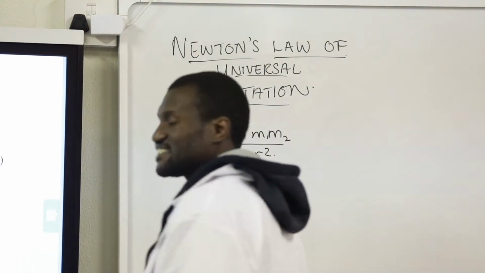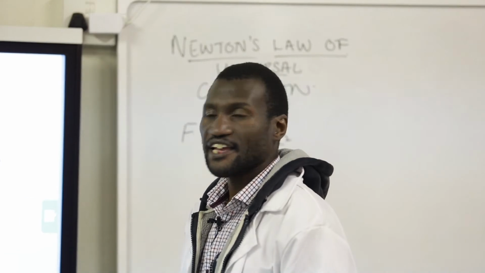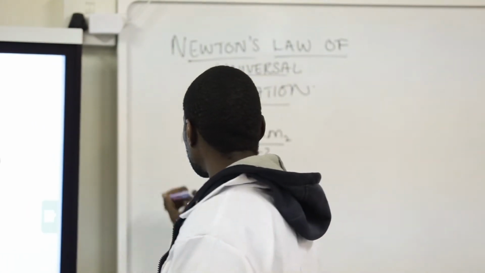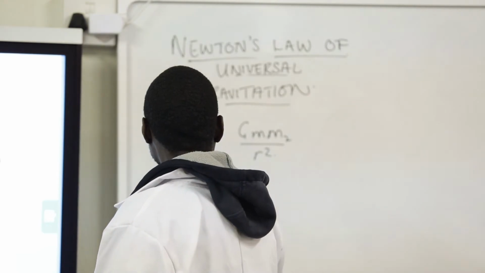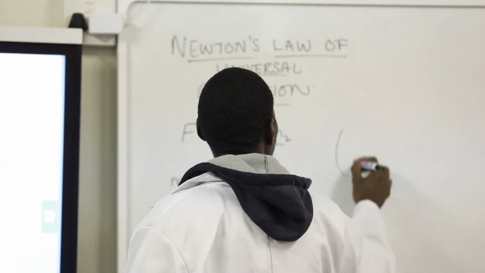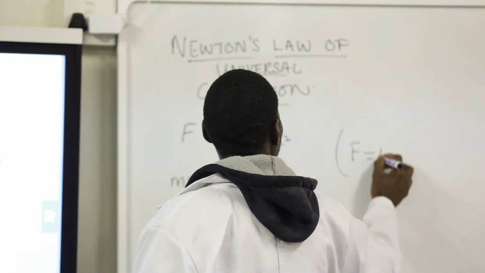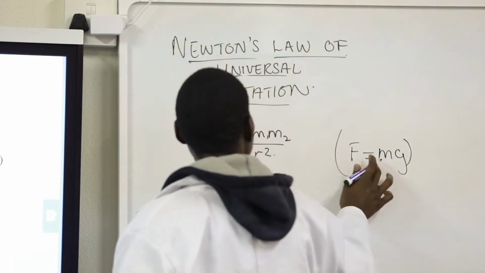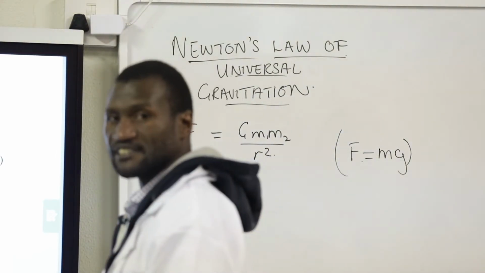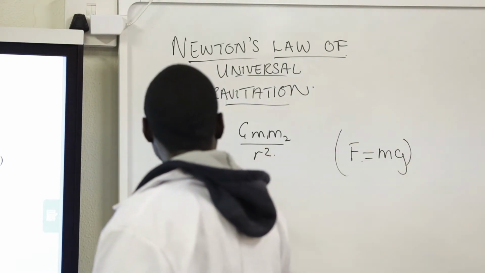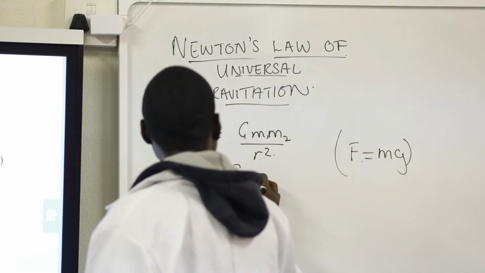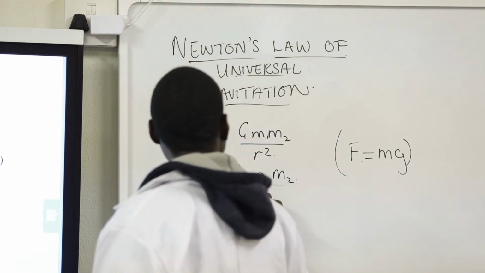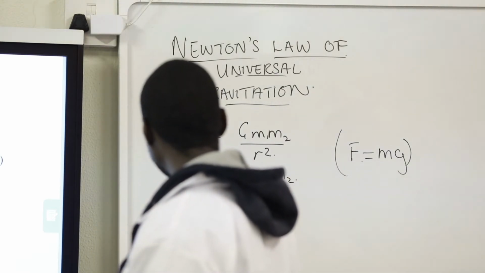If we are going to consider F as the weight of an object, which means in other cases, we know that F is equal to m times g. If we substitute that F with mg, your G, m1, m2 over r squared, what will happen?